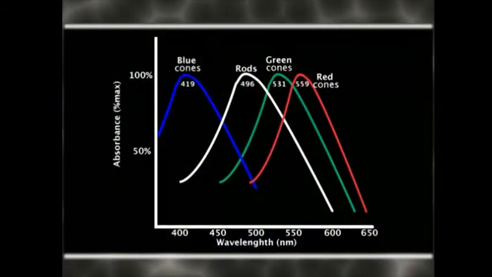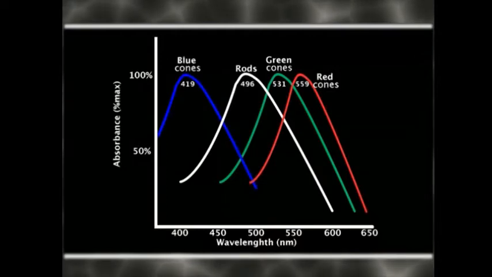What I would like to use to show you about seeing being a construct of the brain is color vision, and in particular the perception of blue, and to show you that all color vision, in fact, is created by the brain. So what's responsible for color vision, basically, in any type of color vision? Well, color vision requires at least two types of photoreceptors that respond to different parts of the visual spectrum of light.